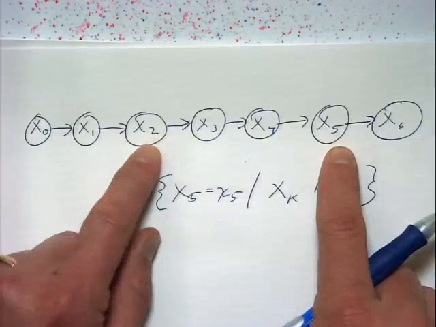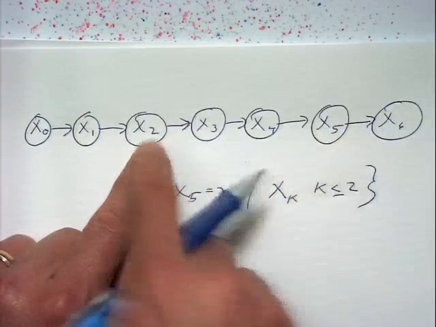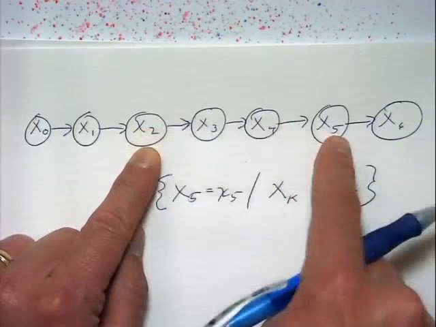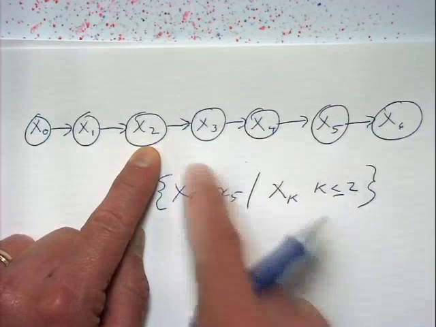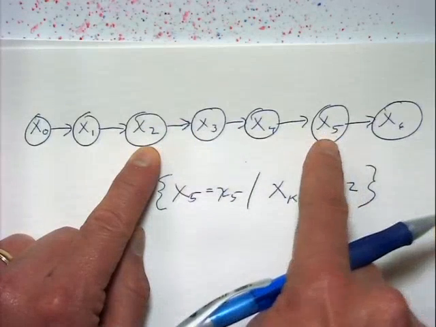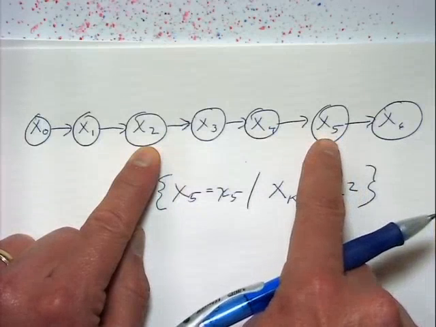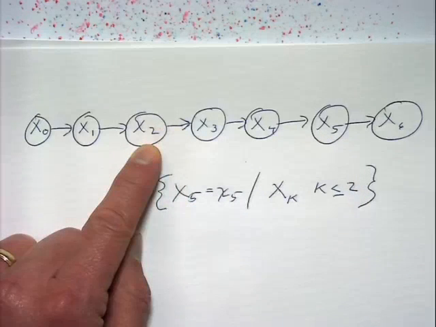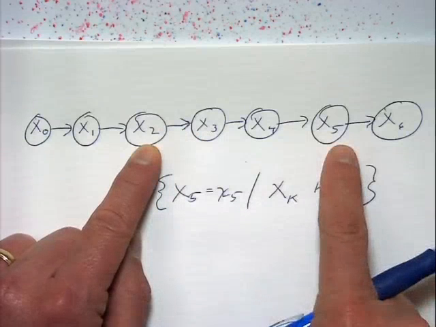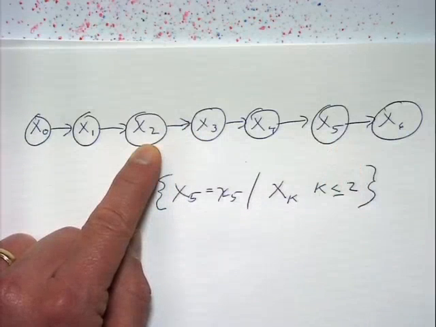Well, if I have X2, I can stick it in the probability machine and get X5. I just have to have a few more steps in my probability machine. Intuitively, this can be produced by X2 plus some probability transition. So if I subsample a Markov chain, it's got to be a Markov chain.